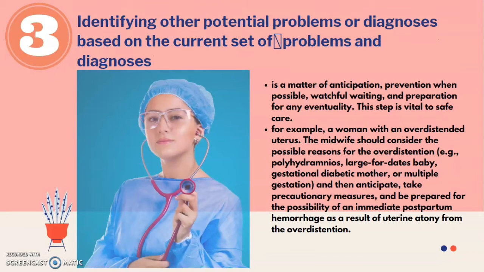The third step is identifying other potential problems or diagnosis based on the current set of problems and diagnosis. It's a matter of anticipation, prevention when possible, watchful waiting, and preparation for any eventuality. This step is vital to safe care. For example, a woman with an over-distended uterus.